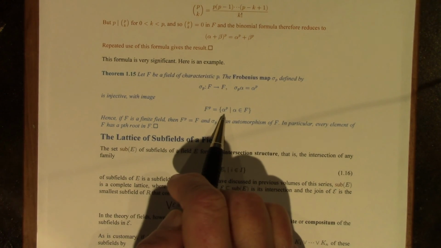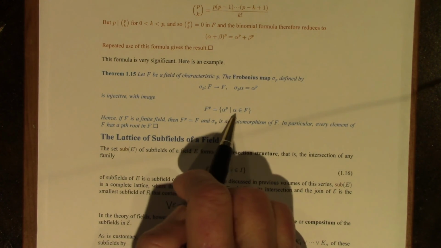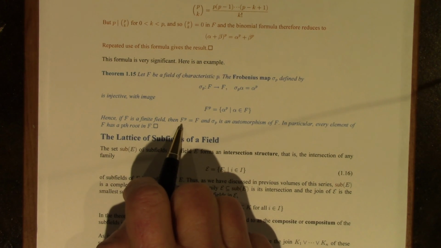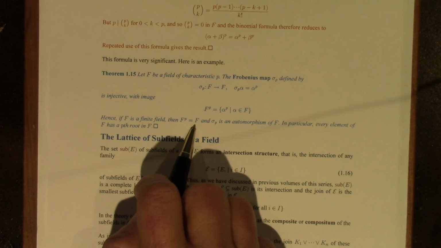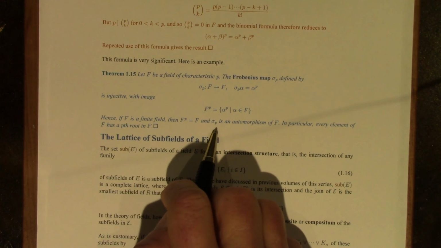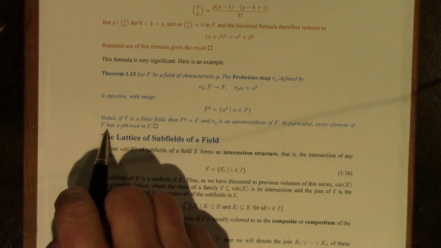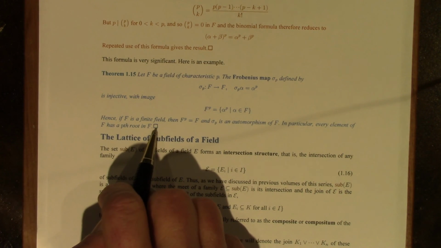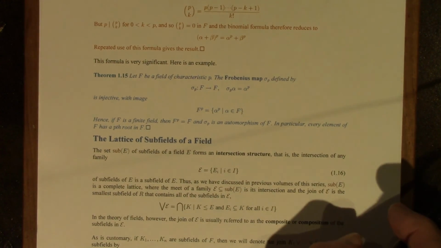Its image, of course, is the set of all pth powers of the elements in F. Now, the point here is that if F is a finite field, then injective maps are also surjective, and so F to the p is F. The image of the Frobenius map is all of F. The Frobenius map is now an automorphism of F, and in particular then, every element of F has a pth root in F. And that's a significant fact, not easy to prove by other means.